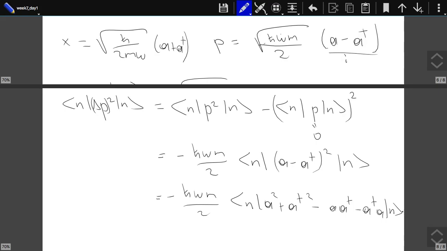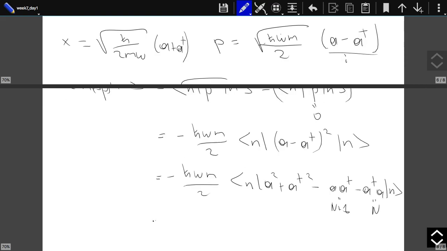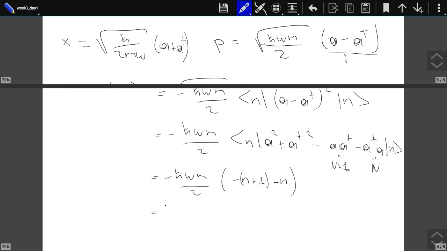The inner product of n minus 2 with n is 0. The contribution of the first term is 0. If you look at the second term, a dagger squared acting on n gives me the n plus 2 ket. The inner product of n plus 2 with n is again 0. The second term doesn't contribute. This is the number plus 1 operator. This is the number operator. So this is minus h bar omega m over 2 times minus n plus 1 minus n, or h bar m omega over 2 times 2n plus 1.